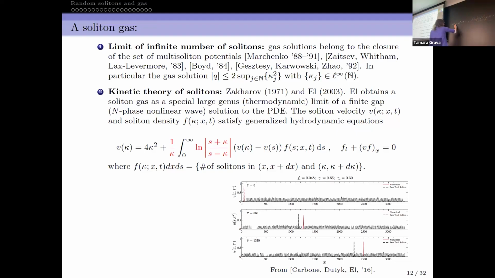So let me put, and then you have your v of kappa, the actual soliton velocity, which in the limit becomes this formula. Plus kappa, minus kappa. Sorry, this should be kappa.